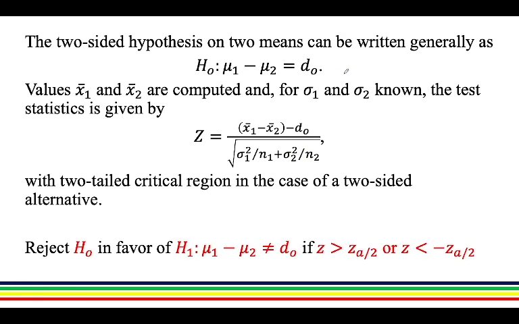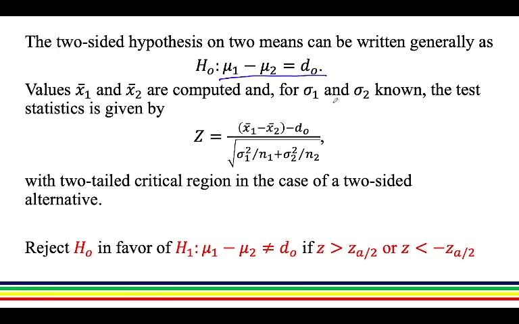Now, the two-sided hypothesis can be written generally as H0, or our null hypothesis, as mu1 minus mu2 is equivalent to D0. Now, this particular statement will differ with regards to how the problem is constructed. So later in the examples, we'll be tackling different types of construction of H0 and H1.